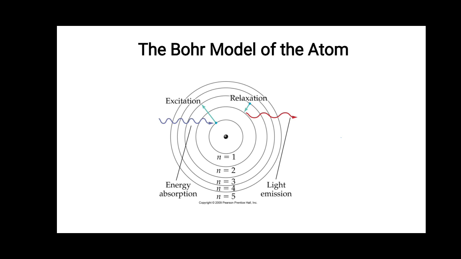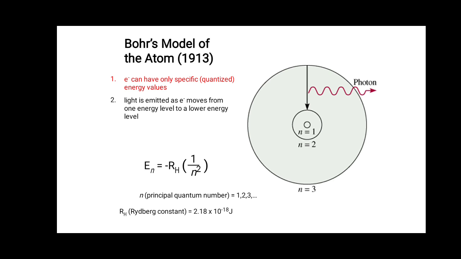Excitation is a temporary state. So when the electron comes back to the lower energy level, it emits the energy and comes back to the same position. Got it?